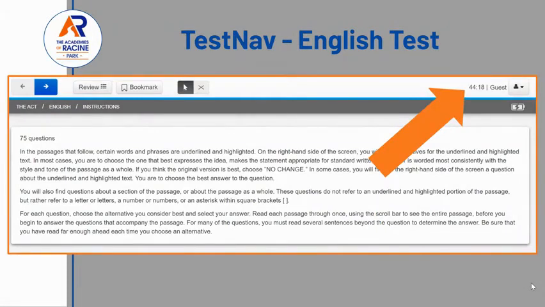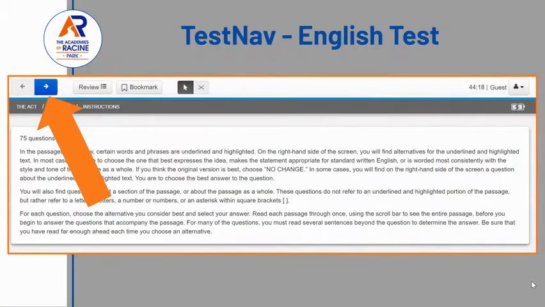When you then log in, I want you to look up in the top right corner. This is your timer. So this is telling you how many minutes and seconds you have left to complete this test. And then this blue arrow facing towards the right is how you get to the next question. So when you press that, you'll get to the first question.